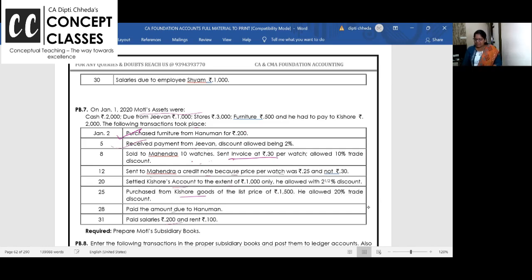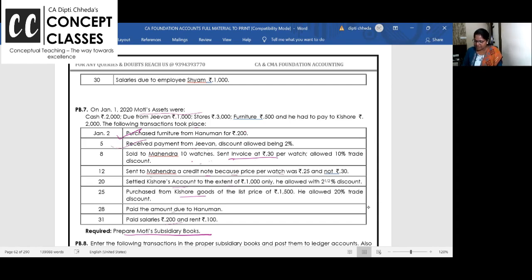Now, like salaries and outstanding, where will you write? Where will you write? In the journal proper. So prepare subsidiary books. Just subsidiary books and journal proper we will prepare. Actually, we can prepare the cash book also, but I am not preparing the cash book. Okay? Only subsidiary books we are preparing.